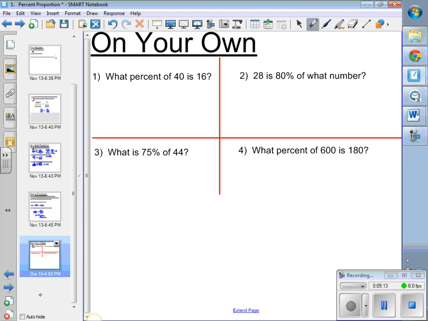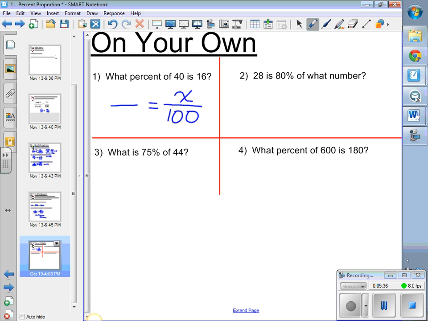On your own. What you're going to do is pause this, do these problems, and come back, and then you'll look at how I've worked them out. So what percent of 40 is 16? I always start with writing this out. This is my unknown.